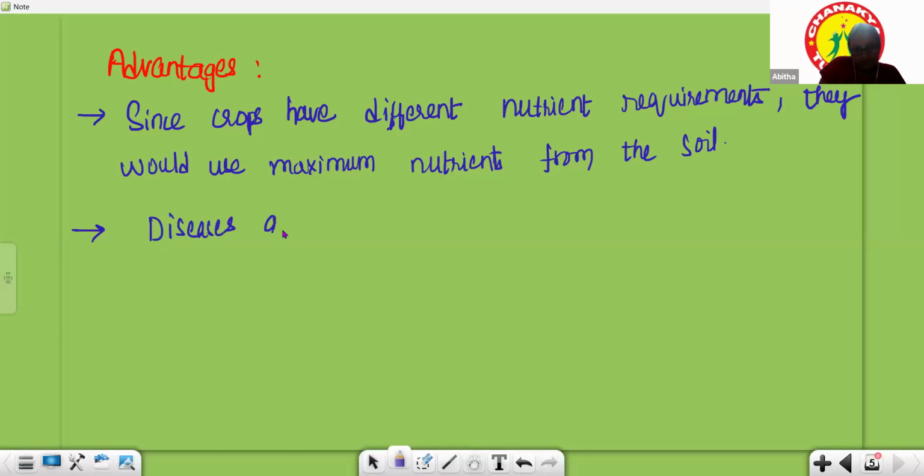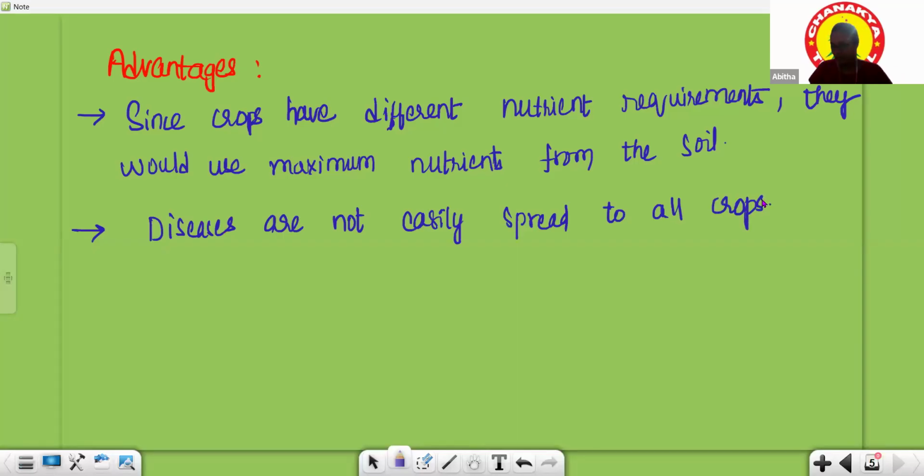Diseases are not easily spread to all crops. Okay.